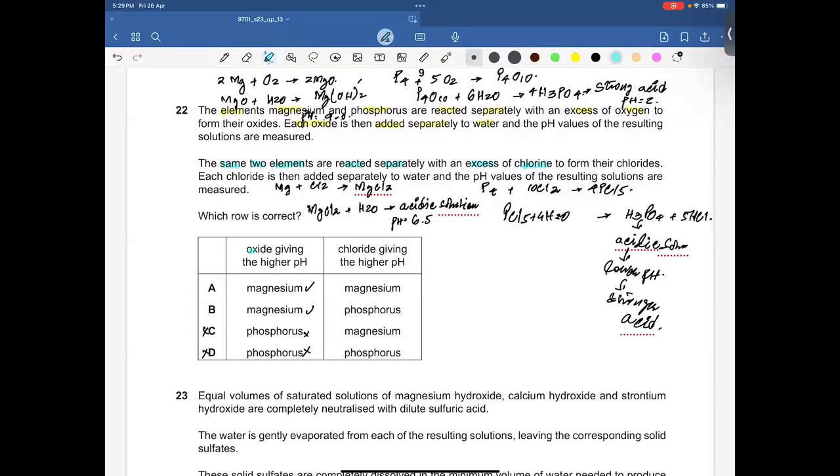So the chloride giving the higher pH is magnesium chloride, in which case the pH is 6.5, which is greater than this pH, because if it is a stronger acid, obviously it will give you a pH of 2. In fact, 2 to 3 is going to be the range of this solution's pH. So magnesium is going to be the right answer in this option. This is correct, this is incorrect. The right answer is going to be A. I hope it makes sense to you.